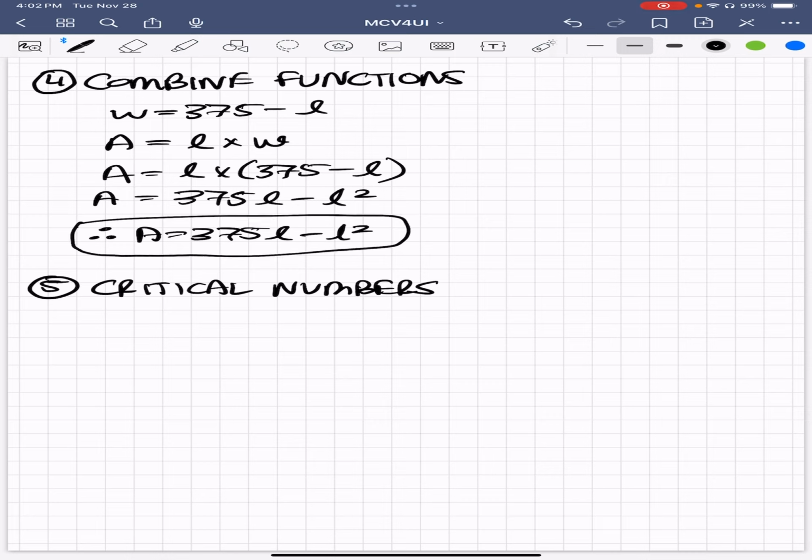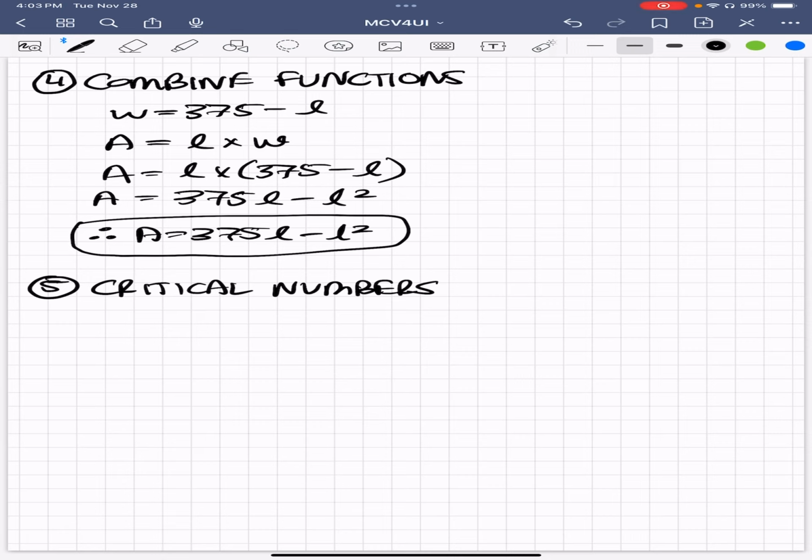So the new area function is area equals 375L minus L squared. And then we're going to find the critical numbers. So we're going to find the first derivative and set the first derivative equal to 0, and then solve for L. Those L values will be the maximum and minimum points depending on the question.